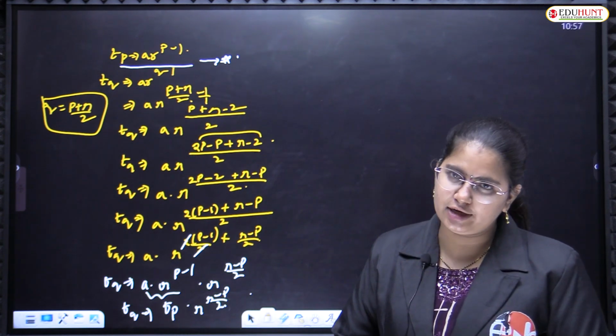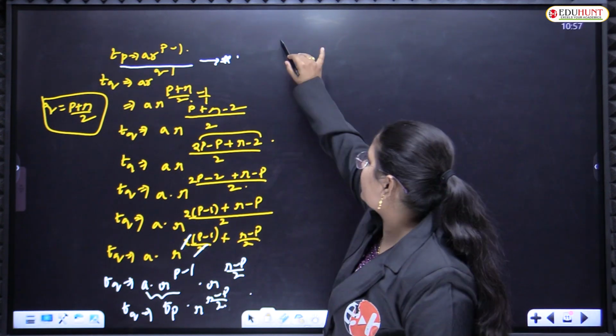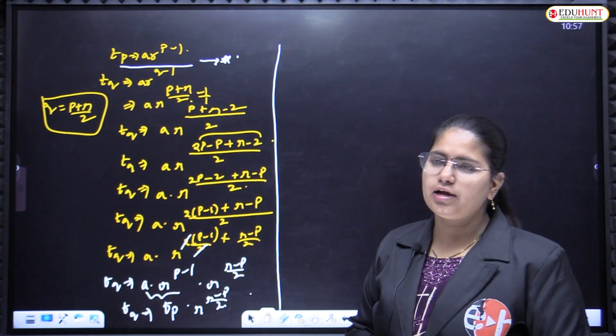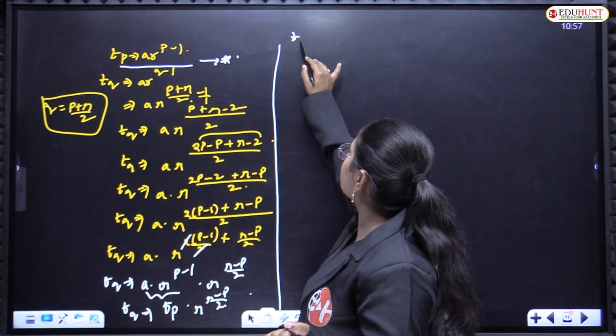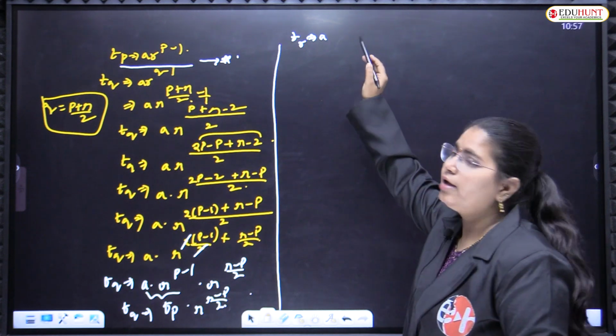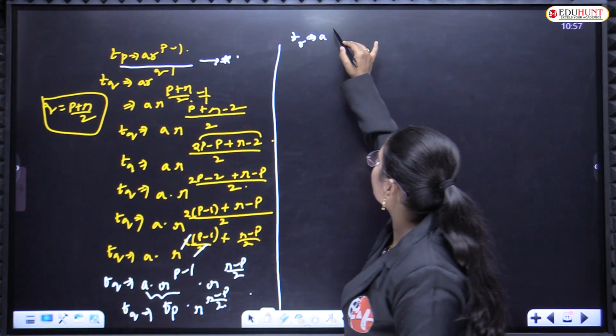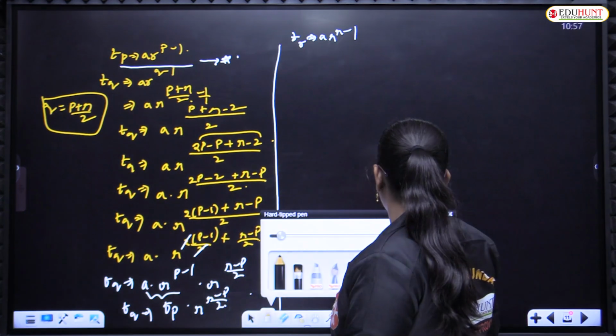Now P and Q are done. Next is TR. Correct? PQRS, now I have to find TR. Given TR is nothing but A R to the power of R minus 1. Correct?